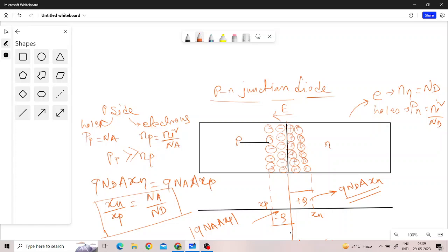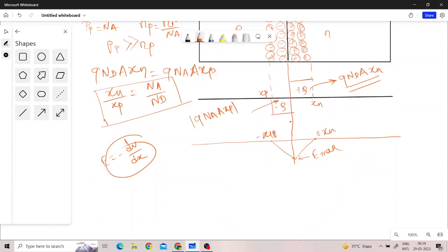So what is the potential difference? It can be easily calculated by finding the area here. The area here is how much? This is just a simple triangle. Let's assume W is the depletion layer width or depletion length, xn plus xp.